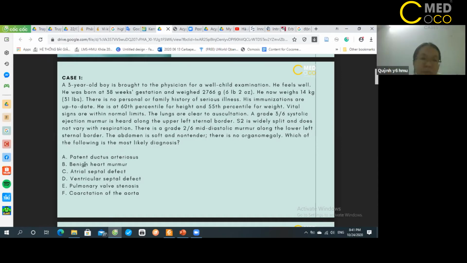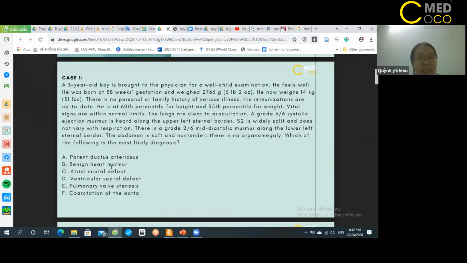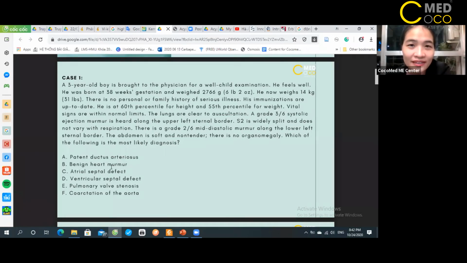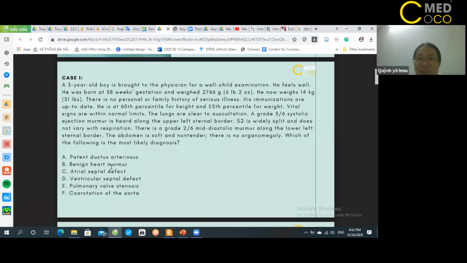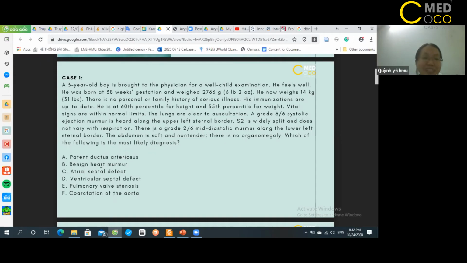Even though it can be a benign heart murmur, we should not think it is benign at first. We should think it is some pathology, and we need some thorough examination for this patient, because not every symptom is revealed on auscultation alone. So that is the reason why we should not choose this answer.